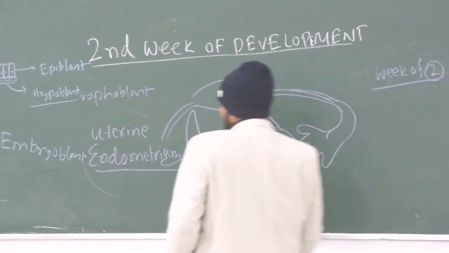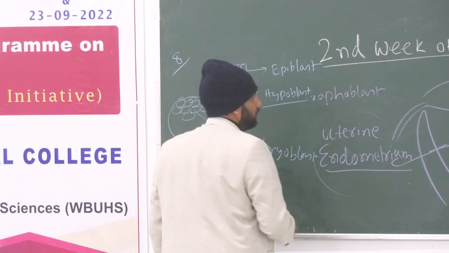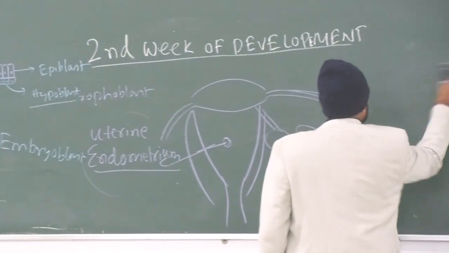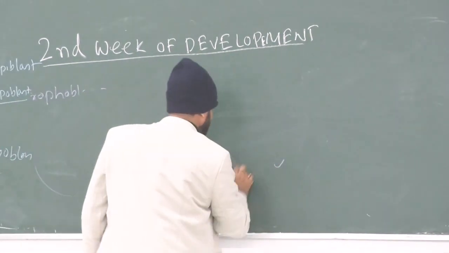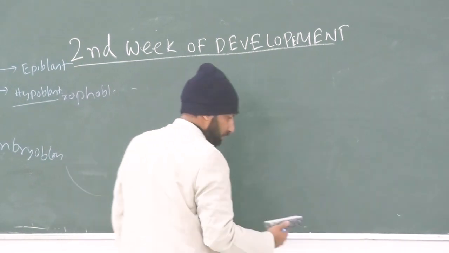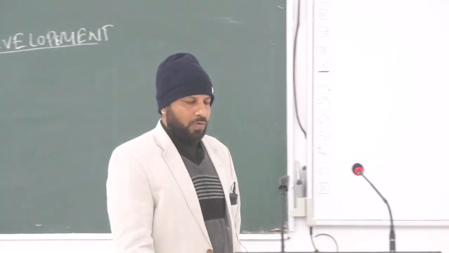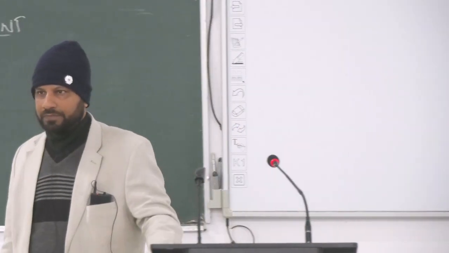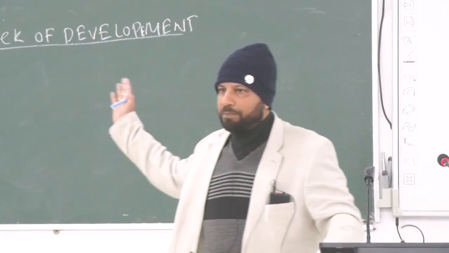If I draw another picture, the epiblast and hypoblast: when the blastocyst gets implanted in the uterine endometrium, implantation begins in the first week of development, but it completes in the second week.